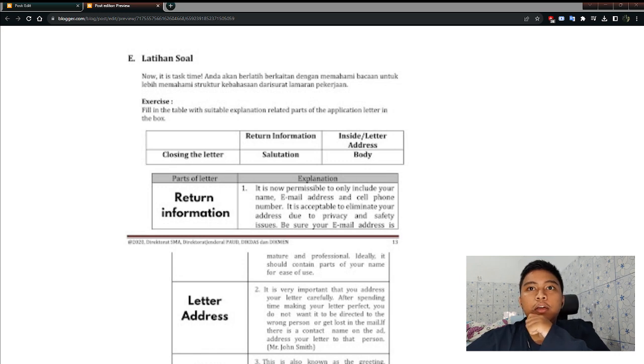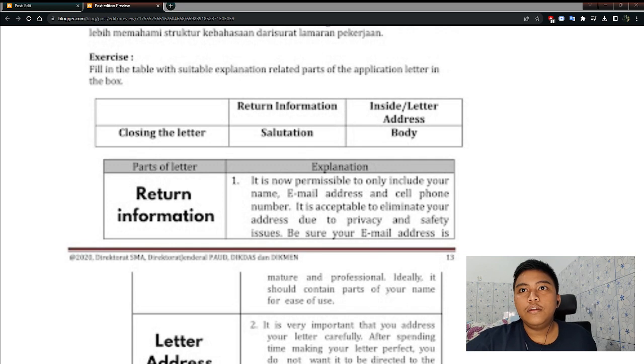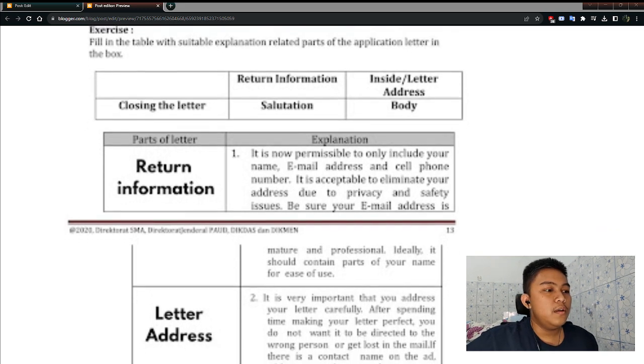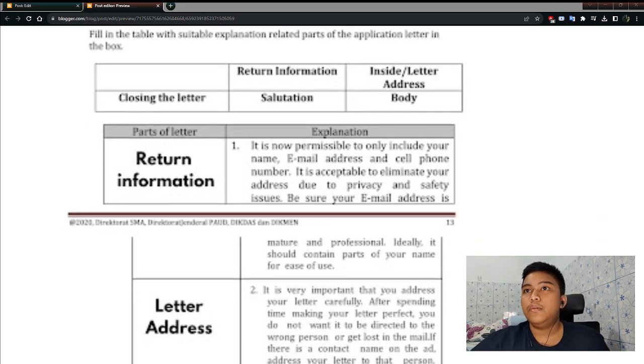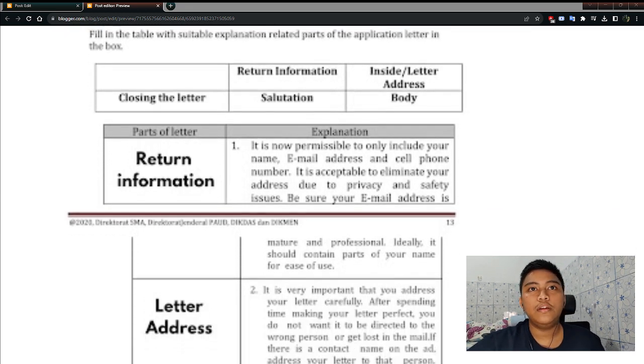So the first one: it is now permissible to only include your name and email address or your cell phone number. So email address, name, and your cell phone number count as information, so this is the part of written information, obviously.